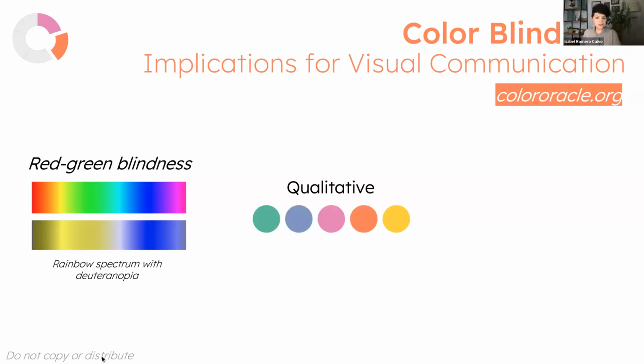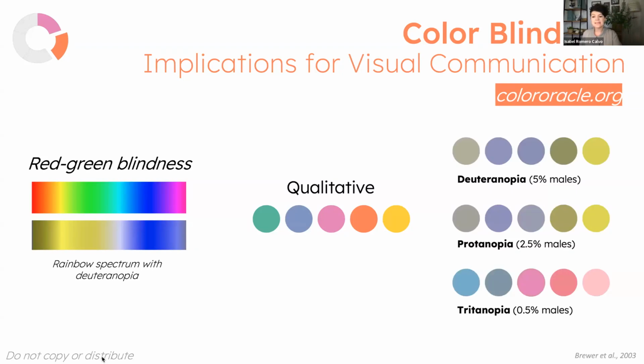If I use the type of color palette that I decided to play with for this presentation, and I apply a color blindness filter, this is what we get. You can see how, again, we are losing a lot of information. From having 5 different sections, 5 different groups on my qualitative type of color palette, we move into 2 or 3 color sections, areas.